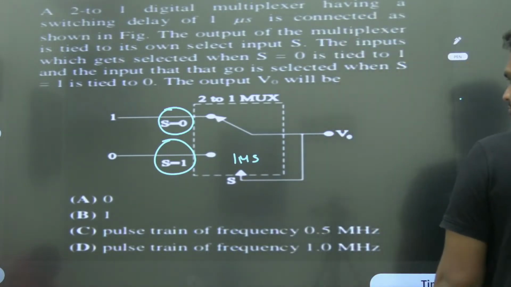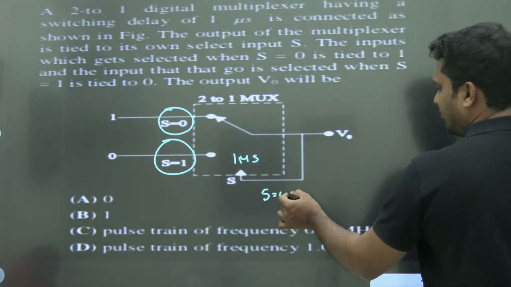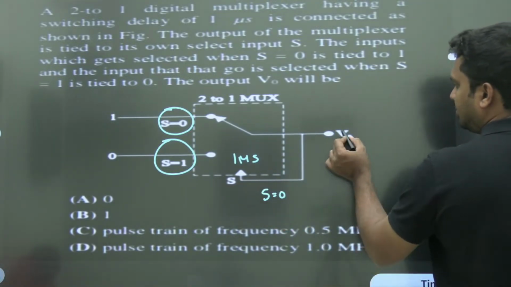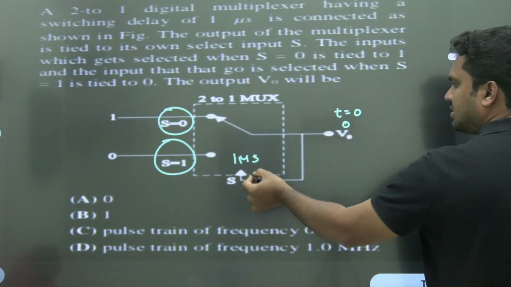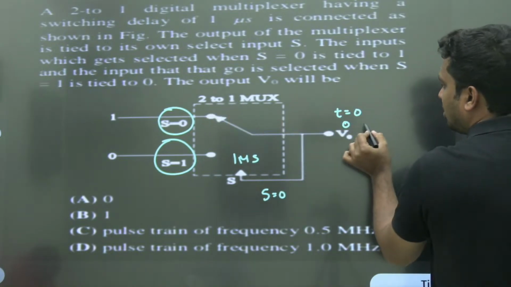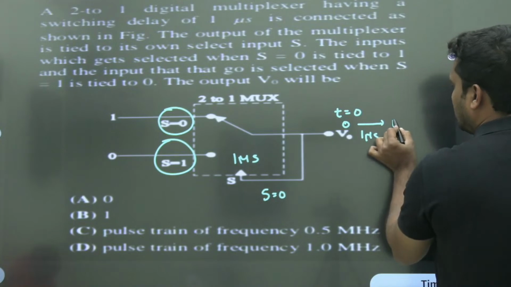So when S equals 0, initially, for example at time t equal to 0, say maybe the output is 0. That 0 comes to the selection line and immediately after 1 microsecond, you get 1.